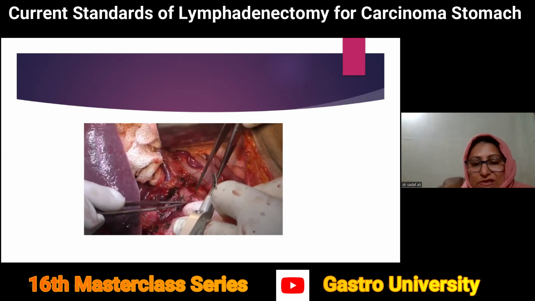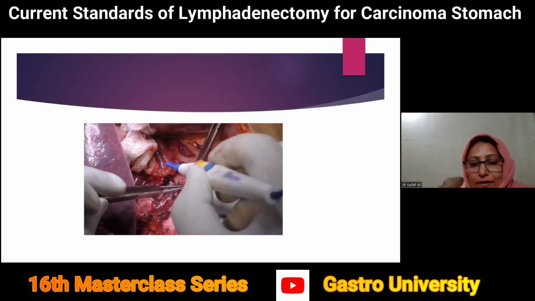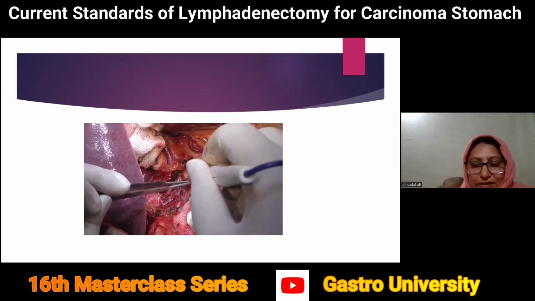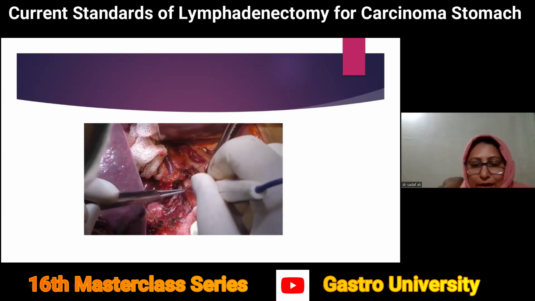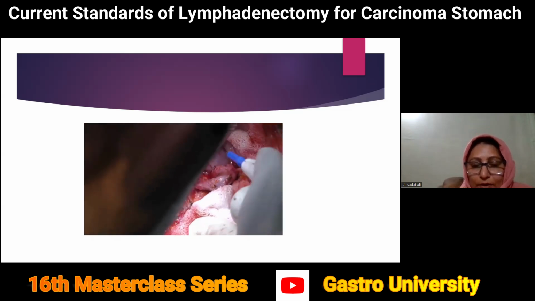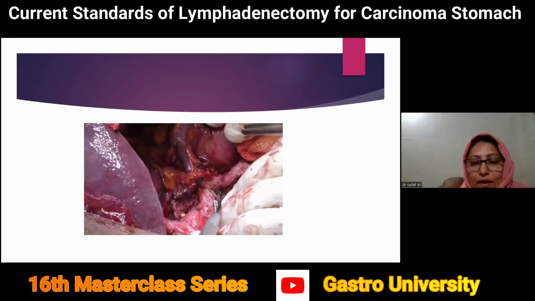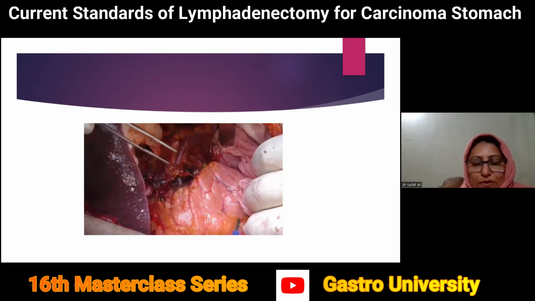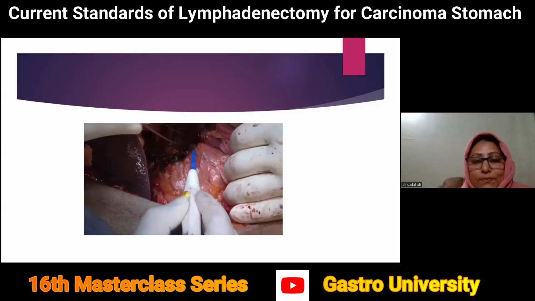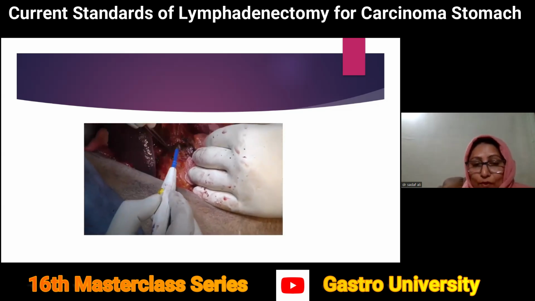The nodes are to be separated en masse, and usually the dissection starts, as you said, along the common hepatic artery, and you tend to clear all the tissue. You avoid breaking the tissue and taking it piecemeal, and most of the time it's not very difficult to take the posterior part of the nodes, stepping up with more lymph node gain.